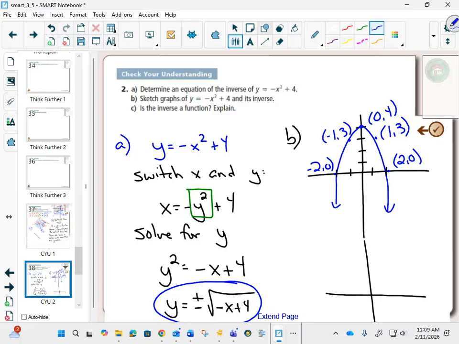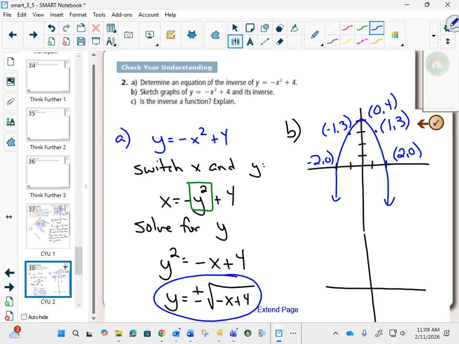So there's my graph. Now to graph the inverse, I could either graph this equation, or easier would be to just take my normal points that I had to begin with and switch all my x's and y's. So instead of having 0, 4, I now have 4, 0.